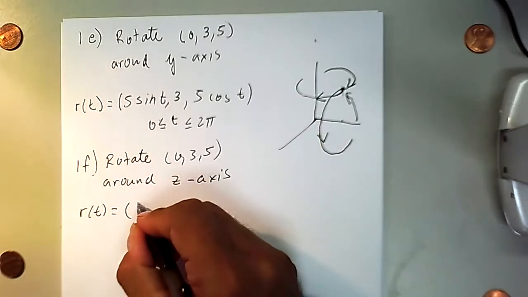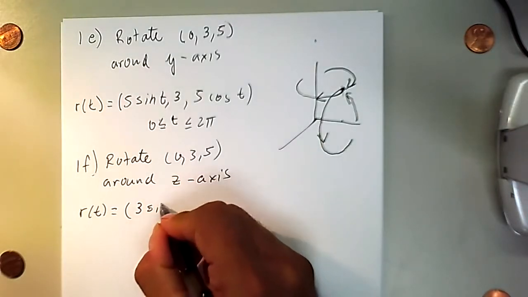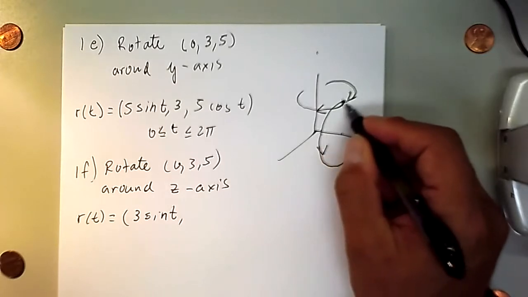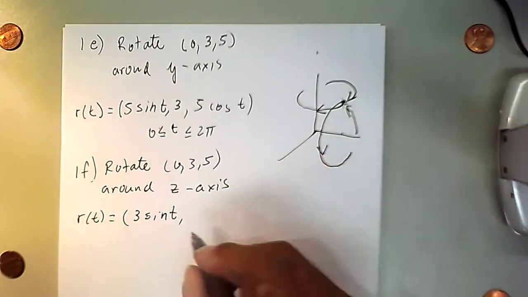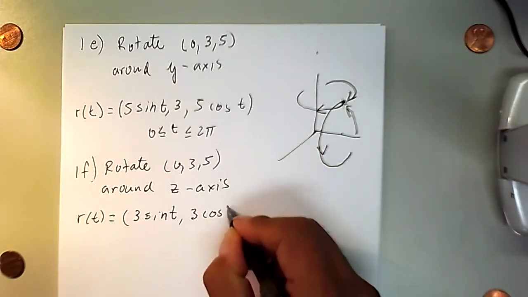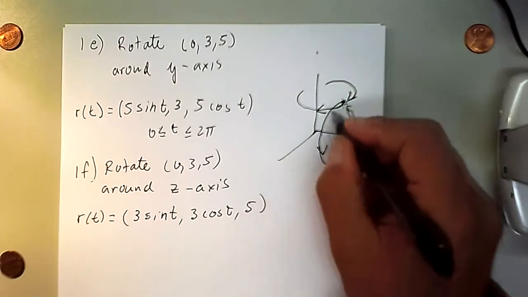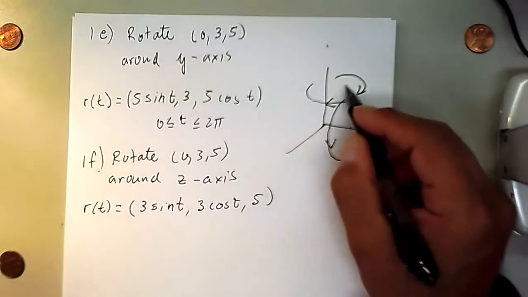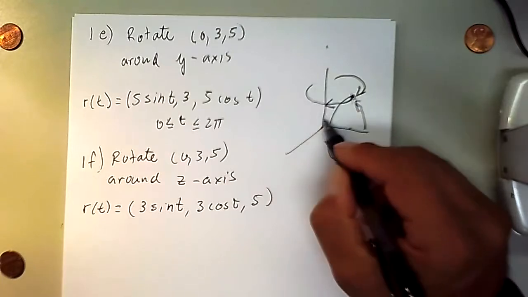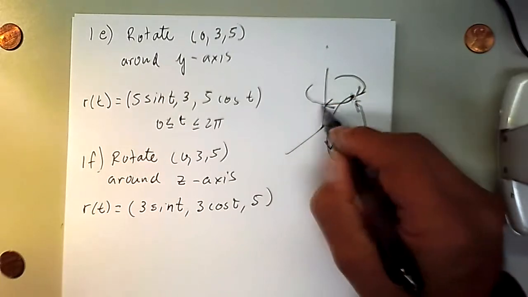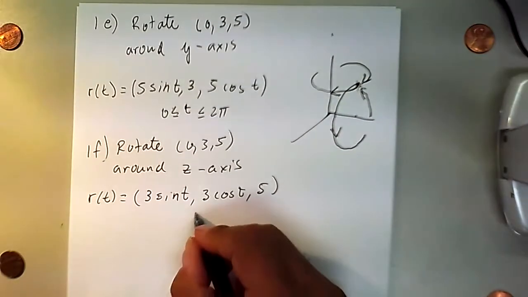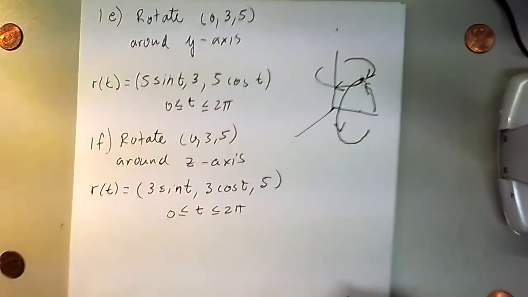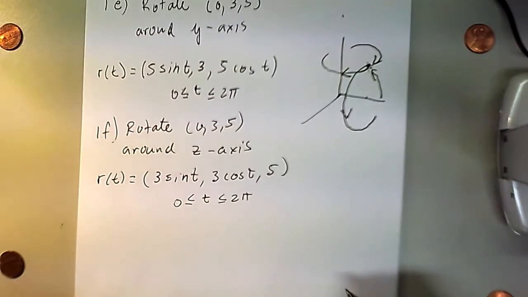So 3 sine t, comma, the y, we wanted to start out with 3 cosine t, and then 5. And that will create this circle that is going to be floating at a level of 5 units above the origin. And it's going to go around this way. Again, t goes from 0 to 2 pi. It is important to know your domain of the function.